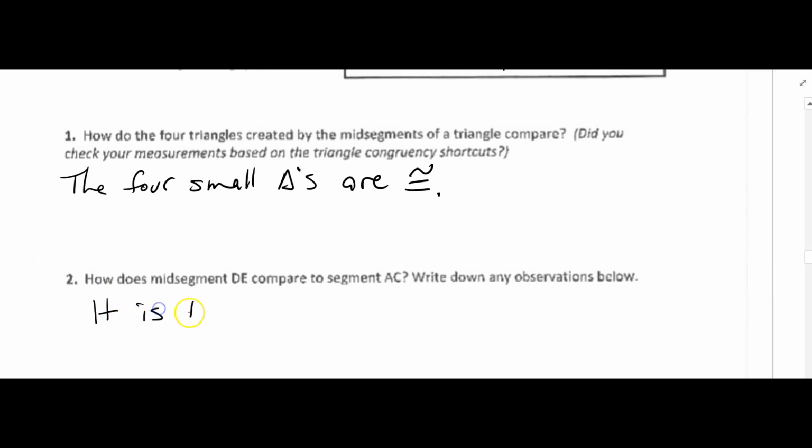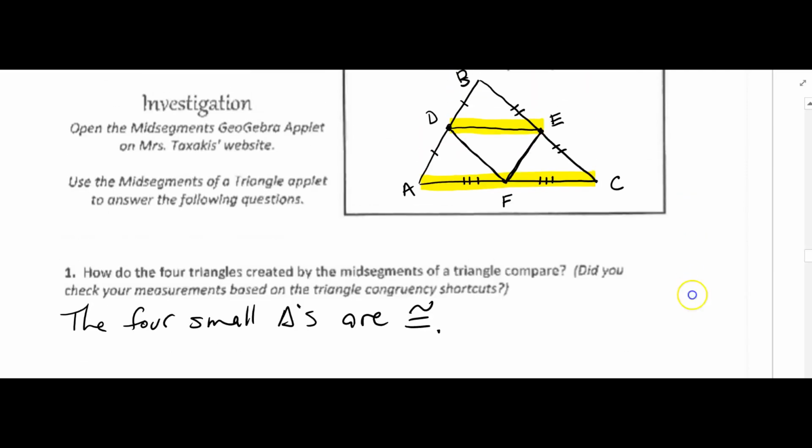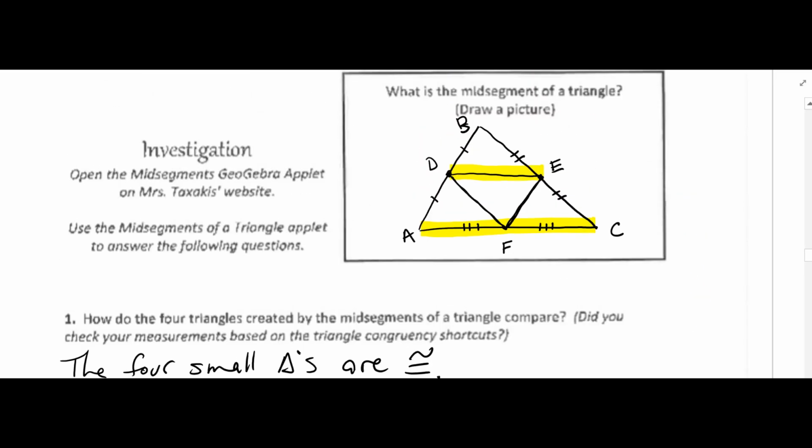It is half the length. And this is true for all of them. If I was going to put tick marks here, I could put 3 tick marks here, and then let's look at another midsegment. Let's look at DF.